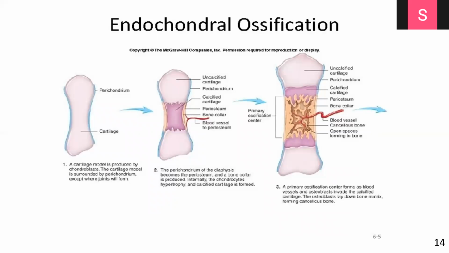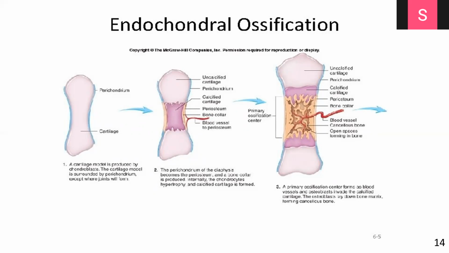In this process, the future bones are first formed as hyaline cartilage models. During the third month after conception, the perichondrium that surrounds the hyaline cartilage models becomes infiltrated with blood vessels and osteoblasts and changes into a periosteum. The osteoblasts form a collar of compact bone around the diaphysis.